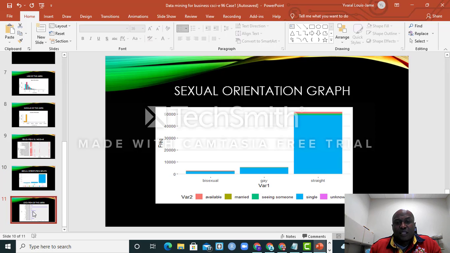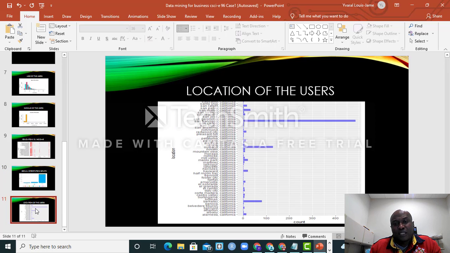And also, the cluster, if we want to talk about the cluster, would be in San Francisco, California, followed by Oakland, California, and then Berkeley, California.